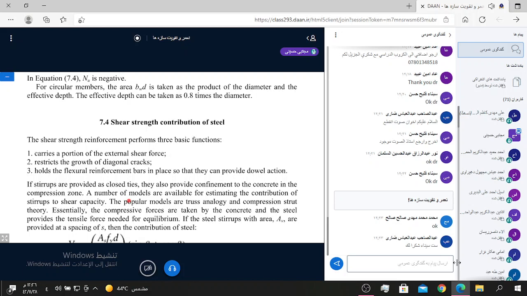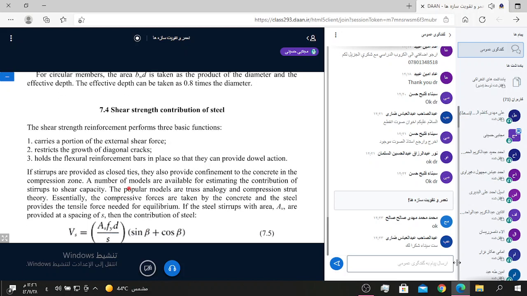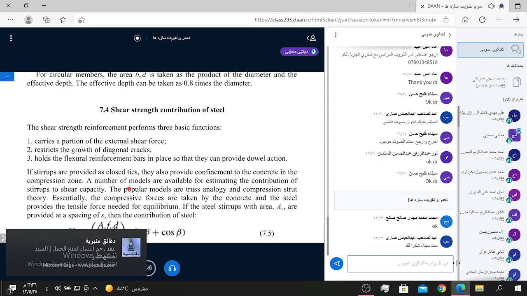And for the contribution of steel to shear, stirrups serve three basic functions. One, they carry a part of the external shear force. Two, they restrict the growth of a diagonal crack.